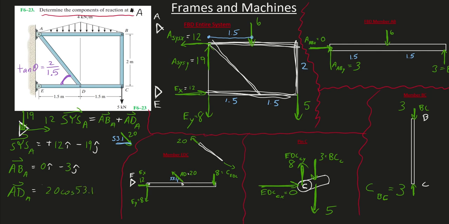That's all in the positive x direction. And we'll have a 20 sine of 53.1. And all of that is going to be in the negative y direction. So if you carry out this vector addition with the component method, adding this x with this x will get you 12, and adding this y with this negative 3 will get you negative 19. Our check passes.